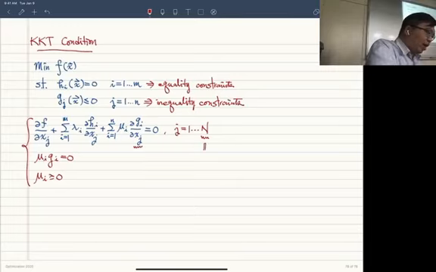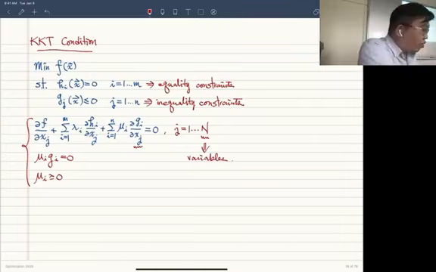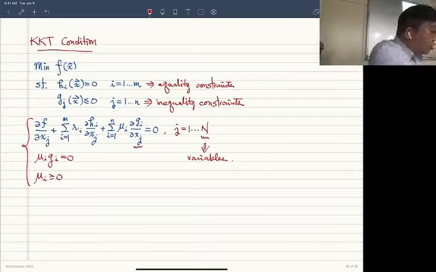And over here, capital N is the number of variables. So just to avoid confusion, please make sure you know what each number represents.